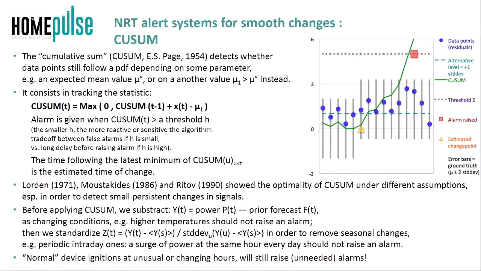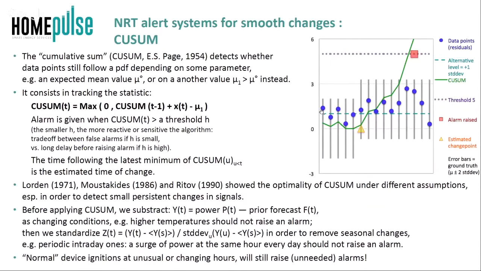If there is a change, the value of the cumulative sum is expected to become larger and larger, and finally become larger than the threshold that we defined at the beginning. When we observe that, we can raise an alert. So maybe the best way to understand how it works is to have a look at the illustration on the right here.